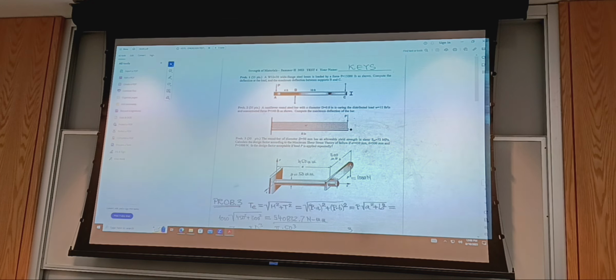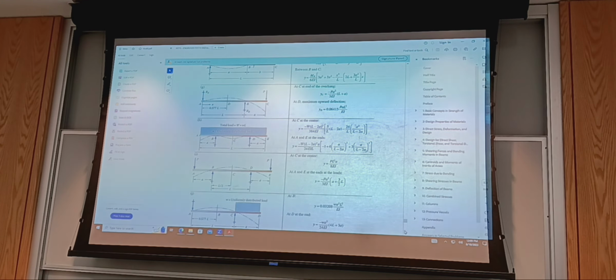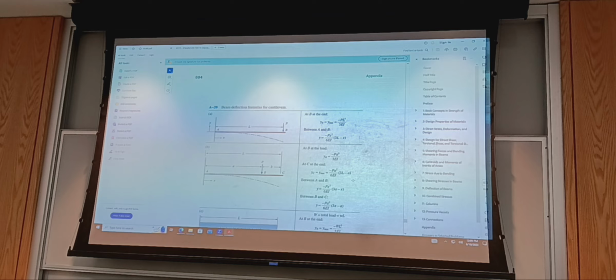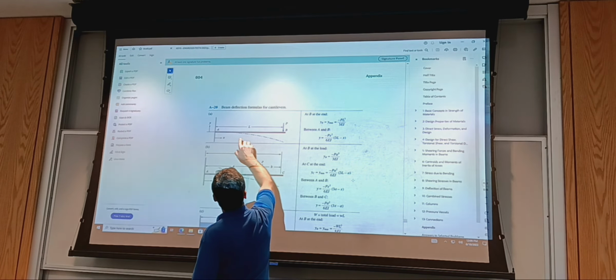Okay, for problem number 2, we need to use superposition. So it's the overlap of 2 cantilever cases. One, which is this one here, a cantilever beam with a load at the very end.